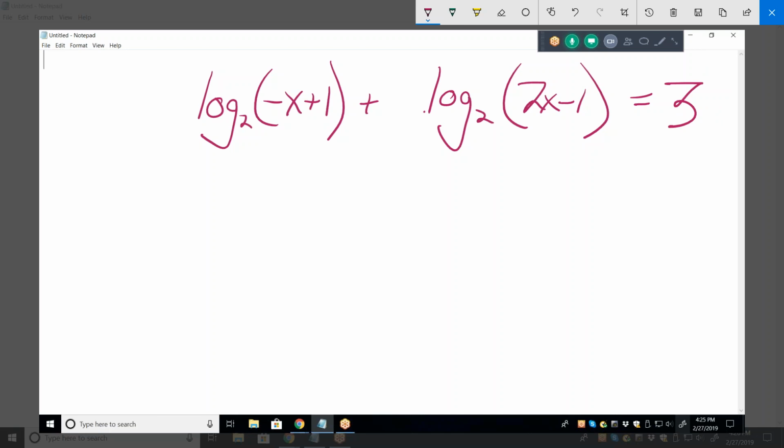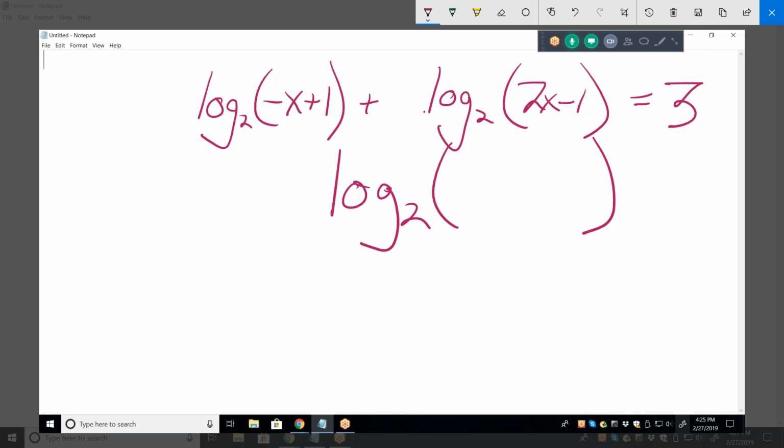Now, using the first rule of logs, which involves adding 2 different logs, tell me how I can write that with a single log expression. So we're adding the two logs together?